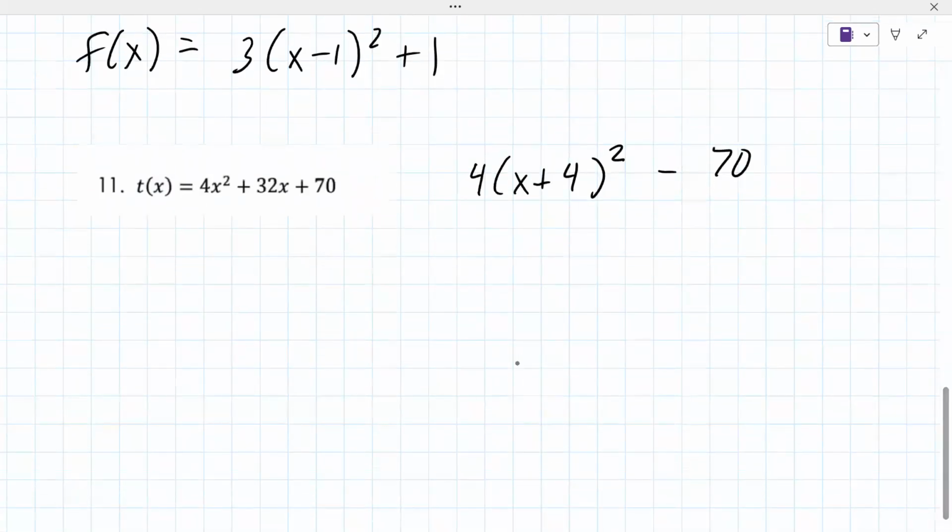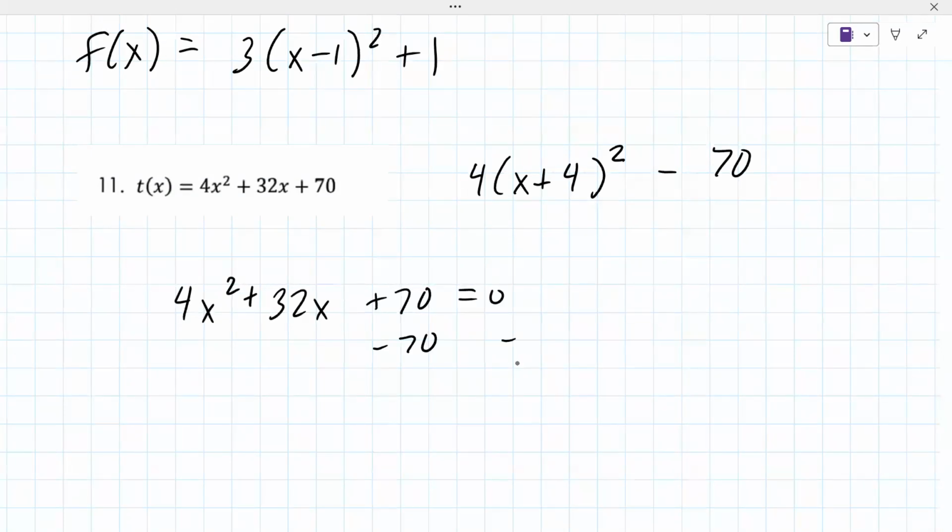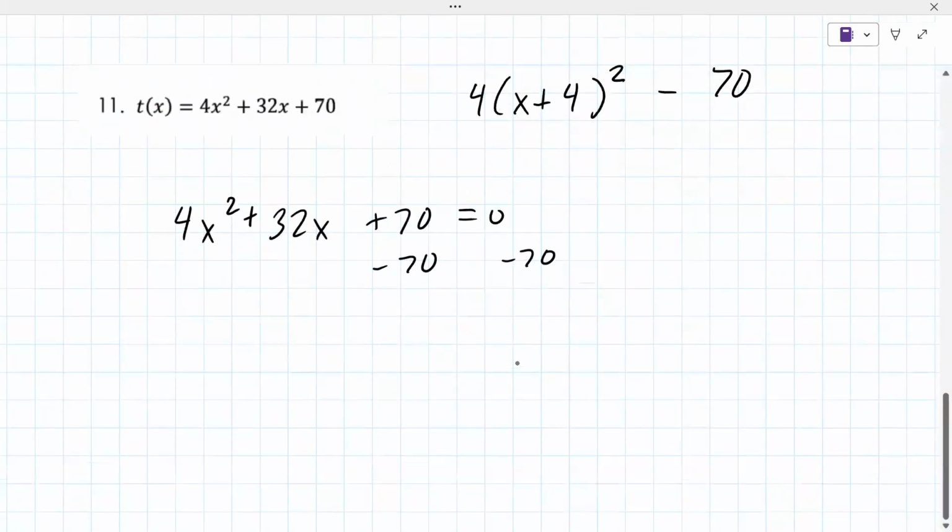So yeah, let's look at this together here. Plus 70 equals 0. So you subtracted the 70 over, right? Okay, so you get 4x squared plus 32x, leave a space.